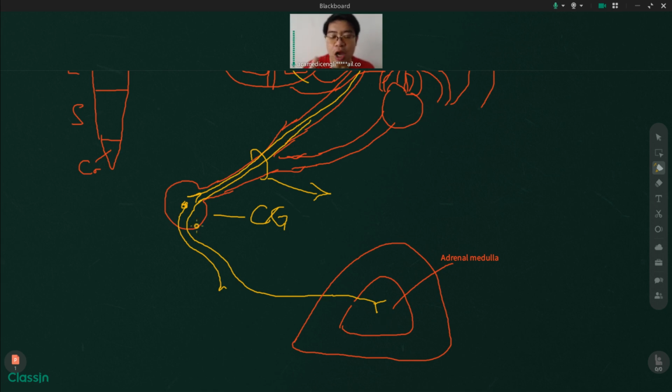Okay, and then after that, these preganglionic neurons going to the adrenal medulla, what will they do? They will stimulate the adrenal medulla to secrete epinephrine, around 80% epinephrine and around 20% norepinephrine. So our last case, our super special case, is that the preganglionic neuron does not even synapse at the prevertebral ganglia at all, but goes all the way to the adrenal medulla and synapses there.